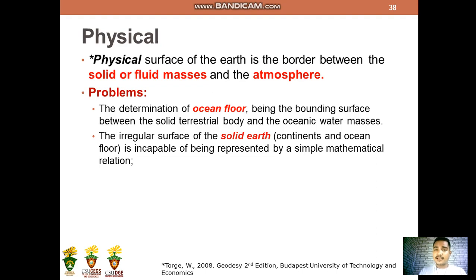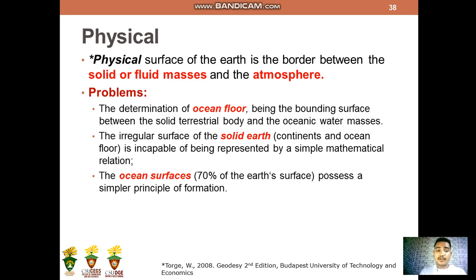So dili nato siya directly makuha dayon, or ma-represent through mathematical formulas or mathematical iterations and so on. Next is, we are going to consider that the ocean surface is 70% of the Earth's surface. So it possesses a simpler principle of formation.